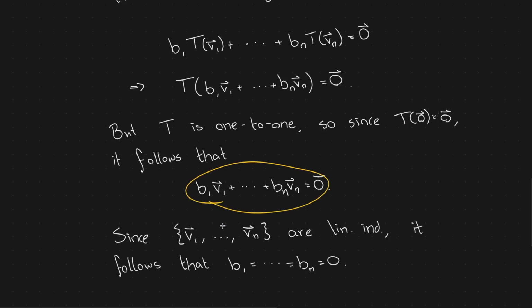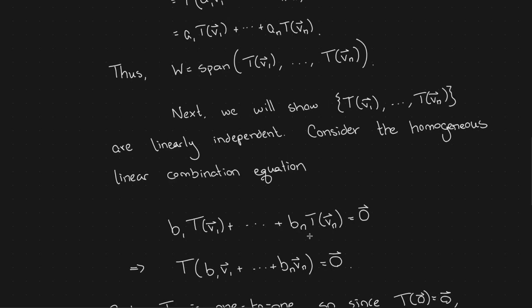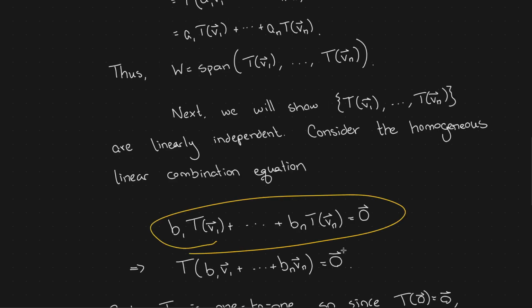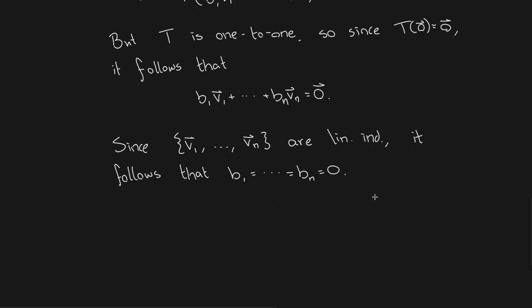These vectors are linearly independent, and so the coefficients must be the trivial solution. But these are the same coefficients that we had with our original linear combination equation up here. And so b1 to bn must be equal to 0 here too, which means that we have only the trivial solution. So thus, the vectors must be linearly independent.